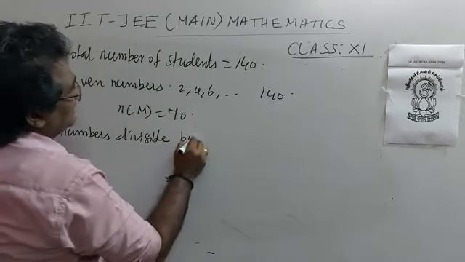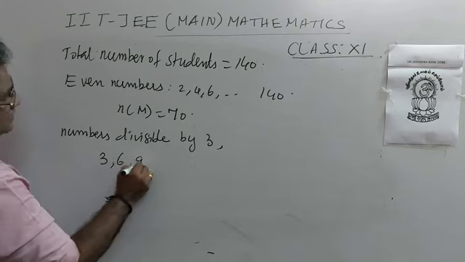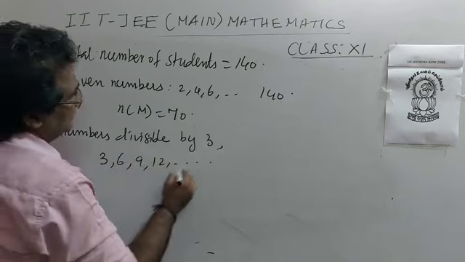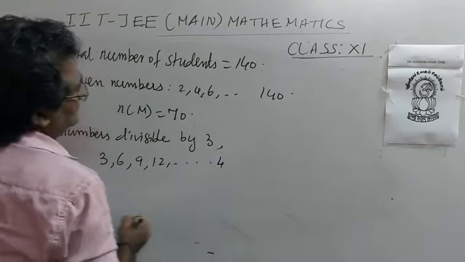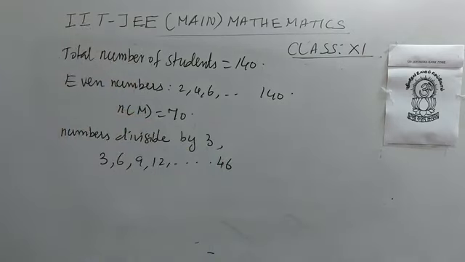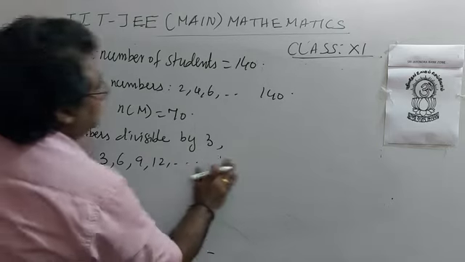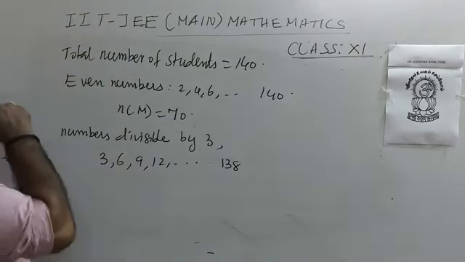Numbers divisible by 3: 3, 6, 9, 12 like that, up to 138.